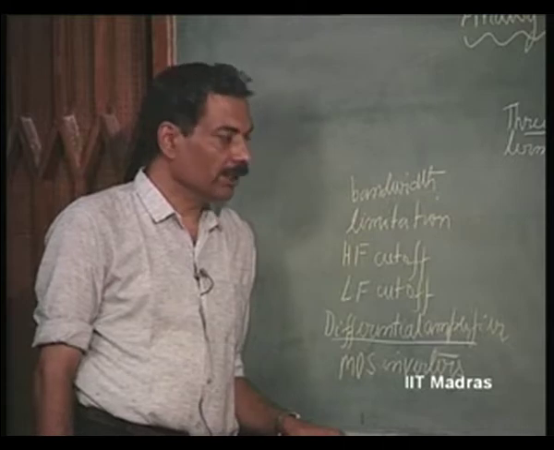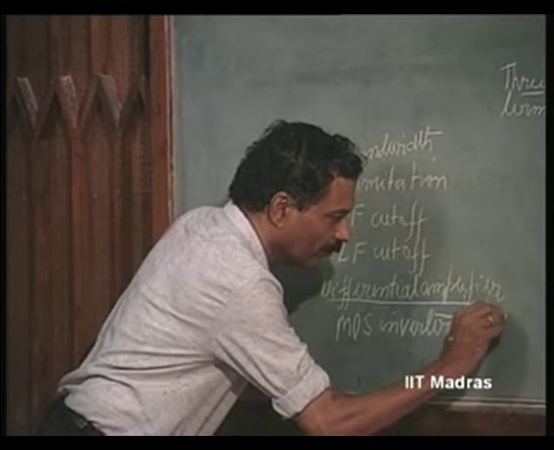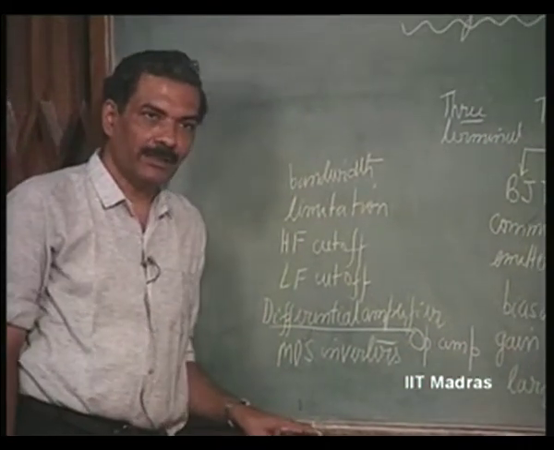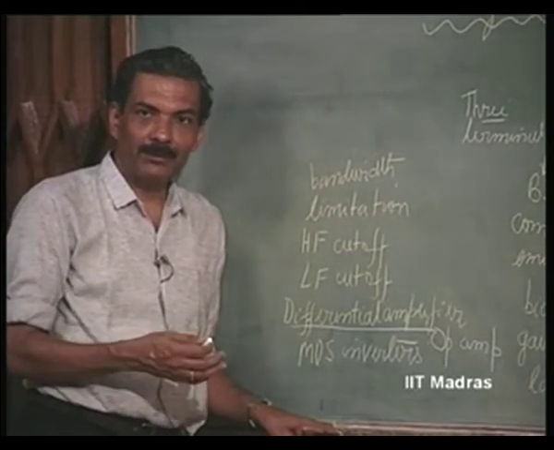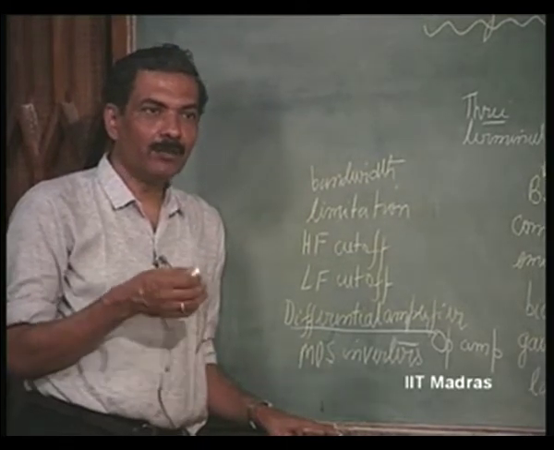And then we went over to the design of an operational amplifier, which is nothing but a cascaded version of the differential amplifier, 2 stages, so that in all these op amps we always try to increase the forward transfer parameter.